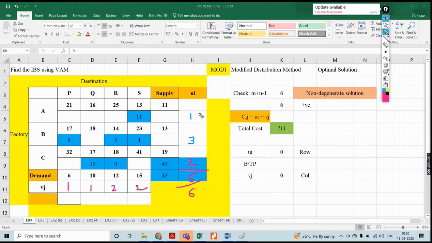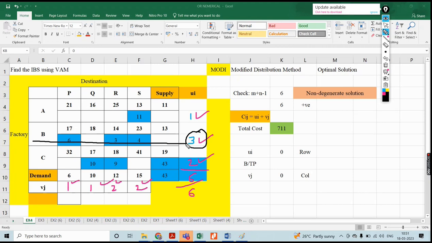Got my point? Among these 1, 3, 2, 1, 1, 2, 2, which is the highest allocation? It is 3. Is this 3 with respect to the row or column? That is with respect to the row.